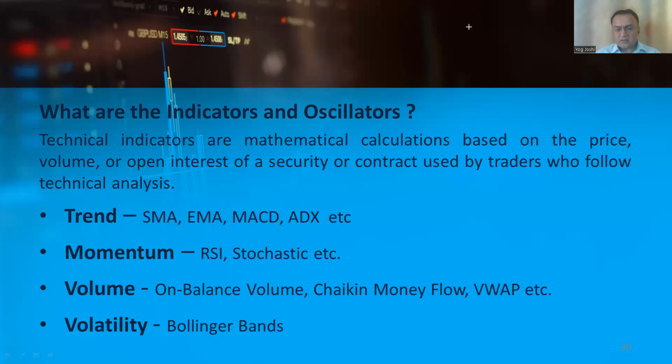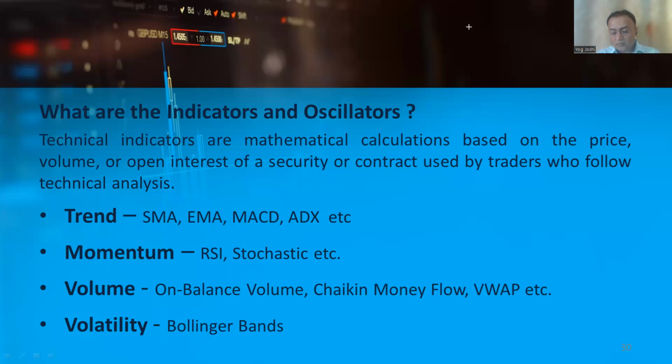So indicators and oscillators give us an output in the form of a numerical value, and that numerical value indicates whether the stock is in an overbought position or an oversold position.